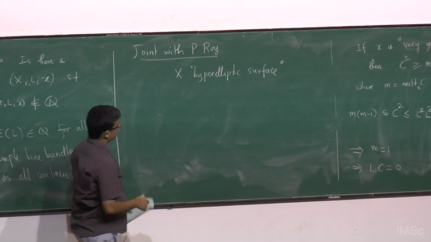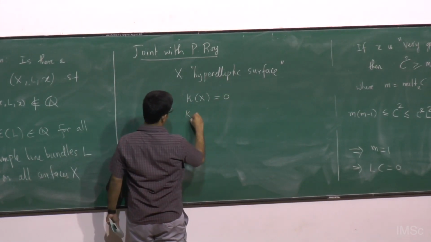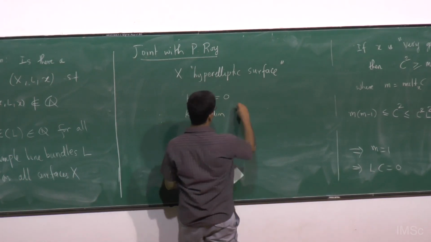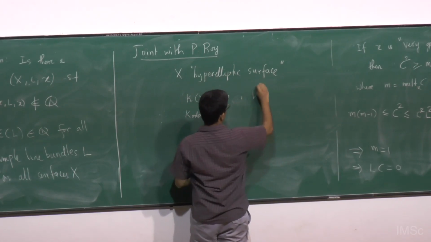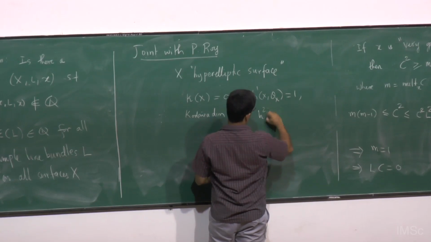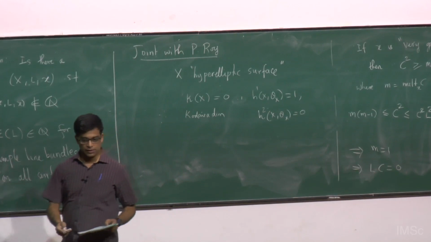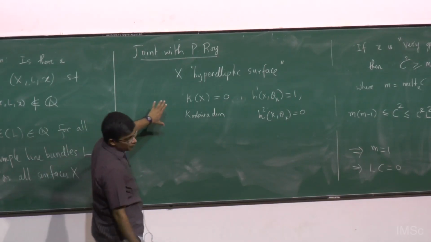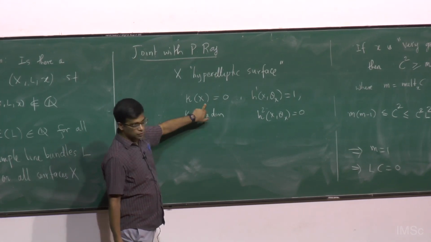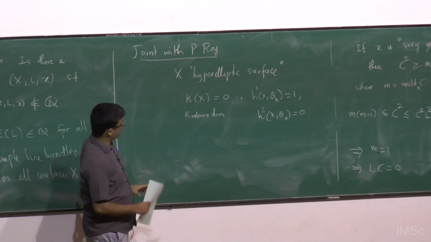These are surfaces which have Kodaira dimension 0 and they have irregularity 1 and they have H2. So this is one of the items in the classification of surfaces. There are 4 kinds of Kodaira dimension 0 surfaces: abelian surfaces, K3 surfaces, Enriques surfaces, and hyperelliptic surfaces.